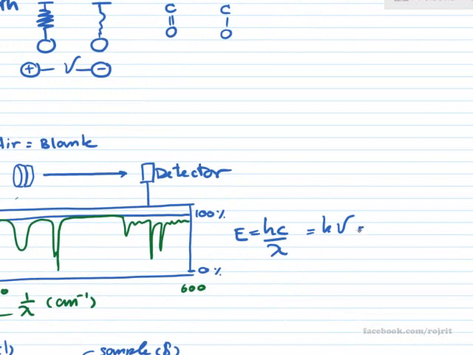So what we can see is hc times nu bar, where nu bar is 1 over lambda, and this is called the wave number. As you can see, wave number is directly proportional to the energy, and also directly proportional to the frequency. This is your x-axis.